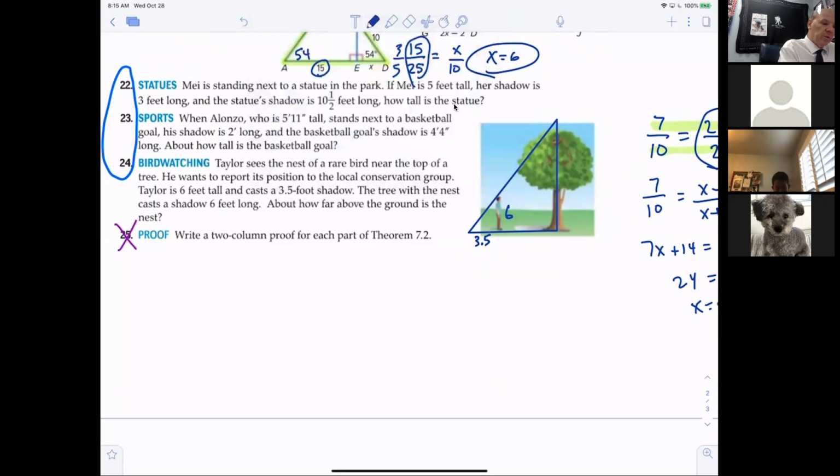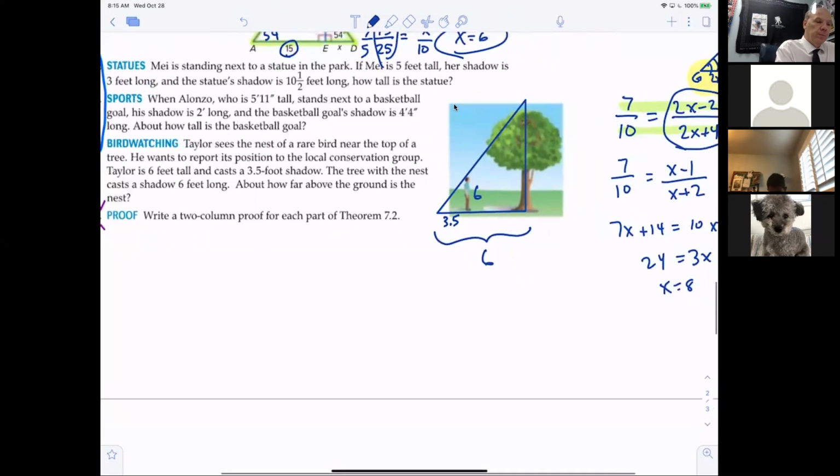Does everybody agree this right here would be the tree's shadow? That would be 6. So this is a common problem as well. The height of the tree is x. So it's just 3.5 to 6 is equal to 6.